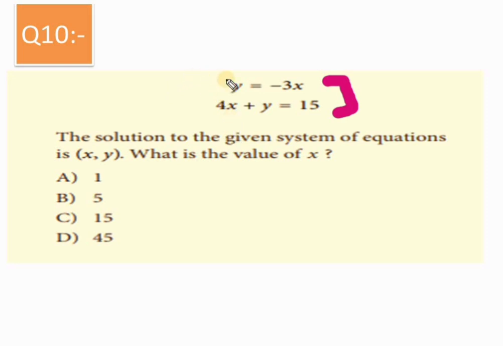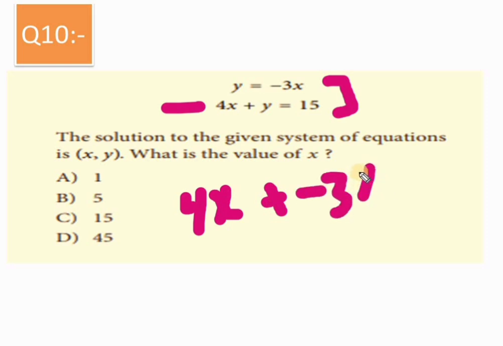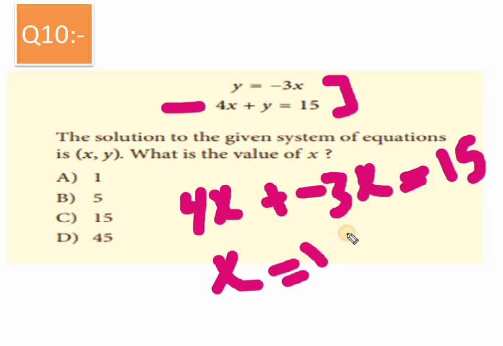Now it's simple: in the second equation, I can substitute negative 3x instead of y. So it's 4x minus 3x equals 15, so x will equal 15.